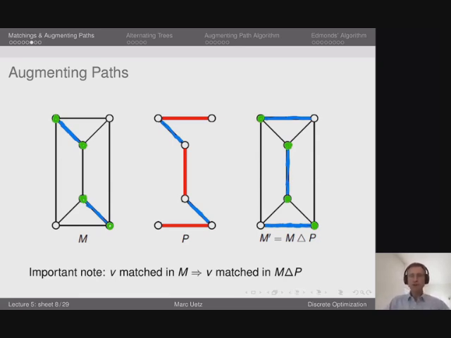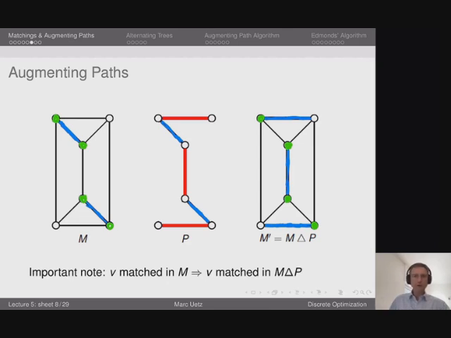So obviously, if we still have an M augmenting path in the graph for a given matching M, that matching cannot be a maximum size matching because we can still use this augmenting path and we have one more matching edge, right? But is the reverse also true? And the answer is yes.